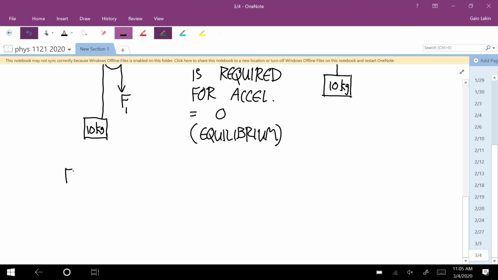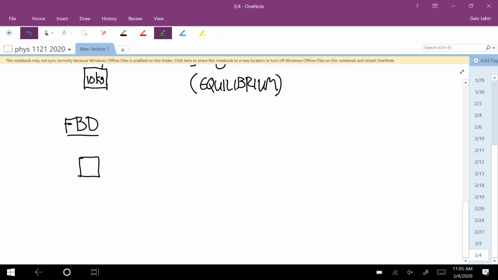Well, a free body diagram of the block here has a downward force of 10 times 9.81.